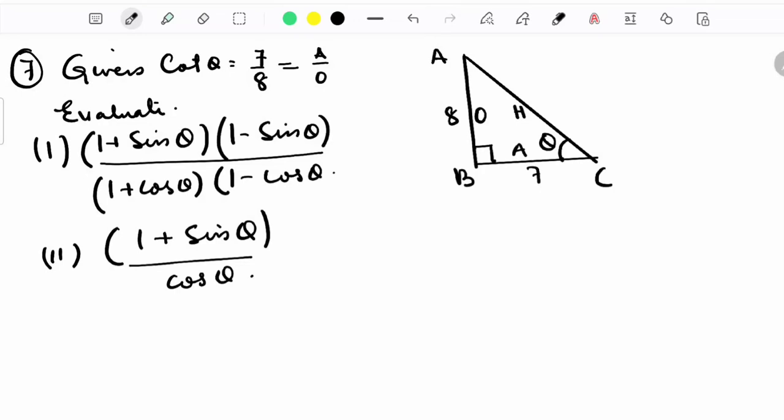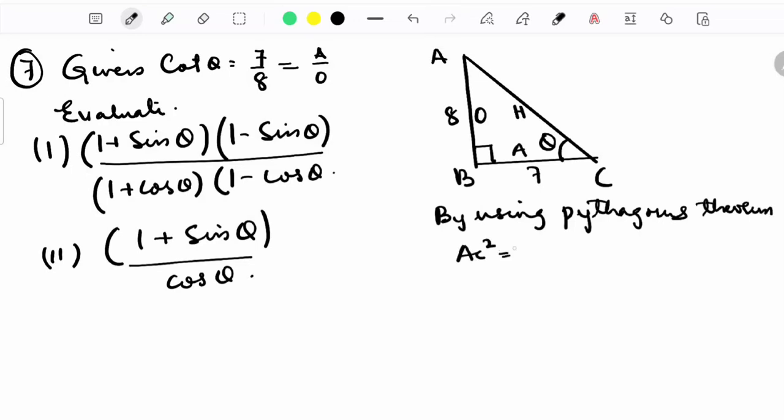Okay, now by using Pythagoras theorem, we have AC square is equal to AB square plus BC square.